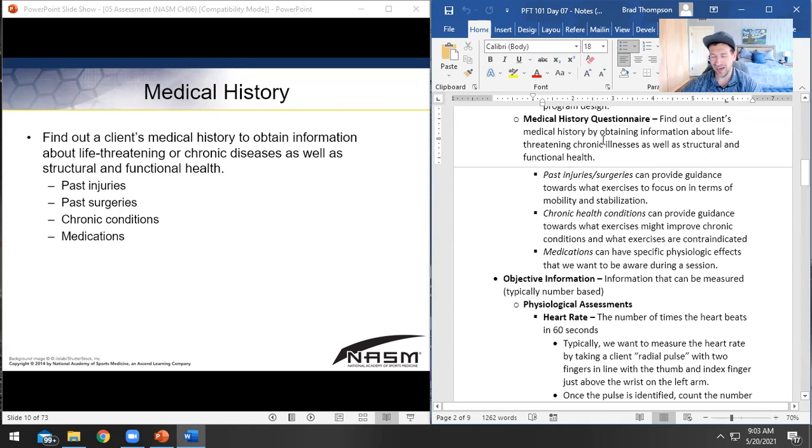Now, obviously, we've also got our medical history questionnaire. These are questions about your client's medical history, any past surgeries or injuries that they may have had. That's going to tell you what to focus on in terms of what needs mobility or what needs stabilization. Like if your client had, let's say, ACL reconstructive surgery, well, that means they're probably going to have some type of scar tissue in the knee.